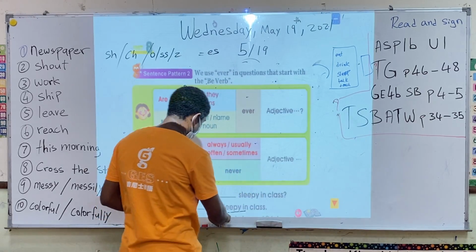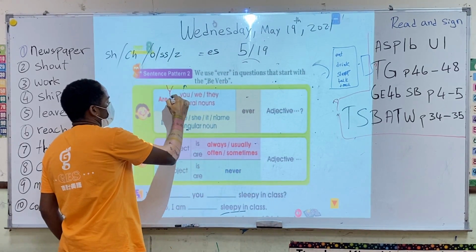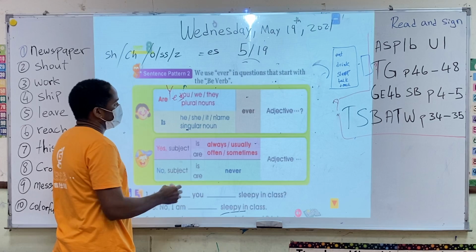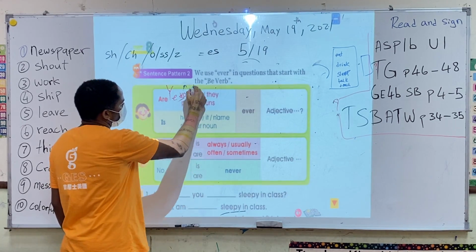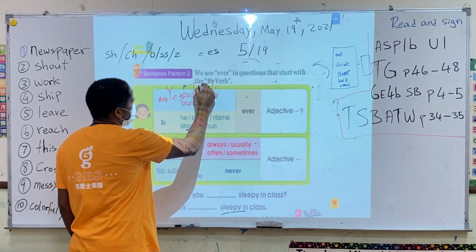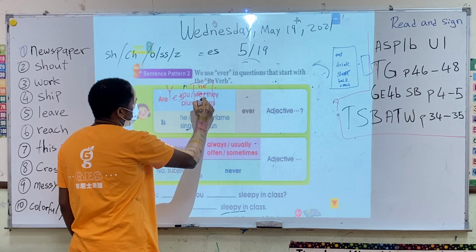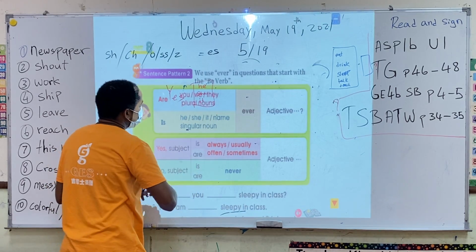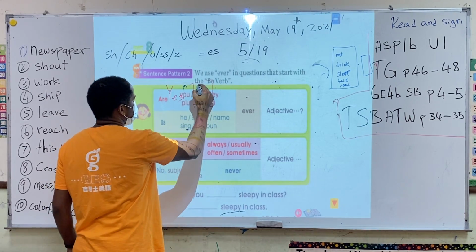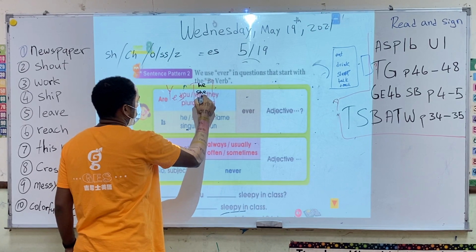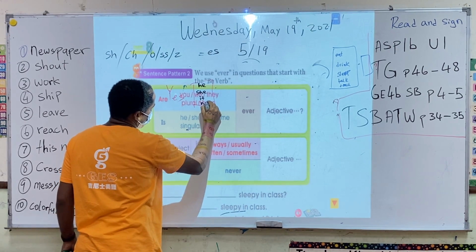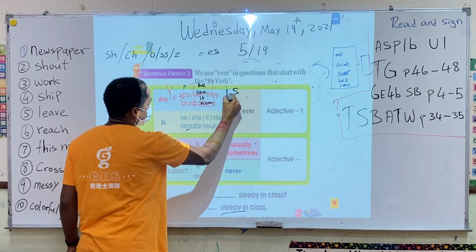And now we're going to go to answering the question. So now we're going to start with yes, followed by he, she, it, name. It's followed by is.